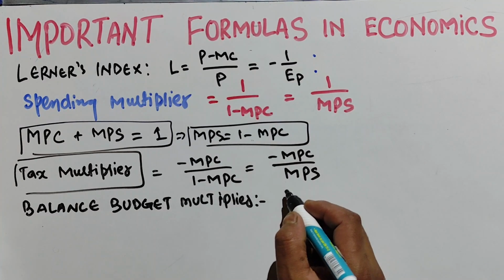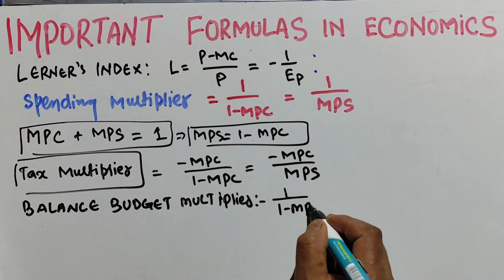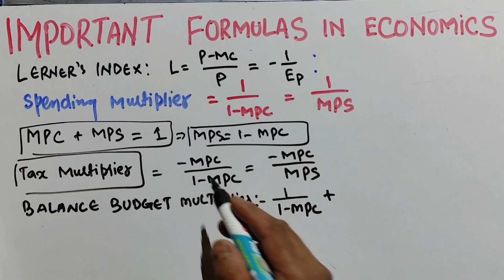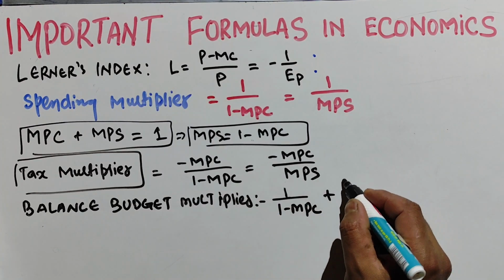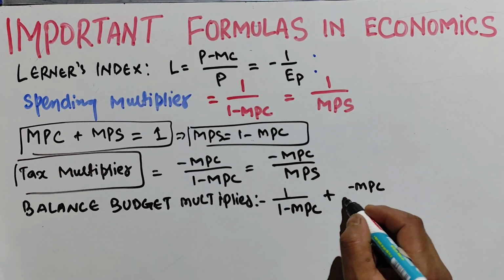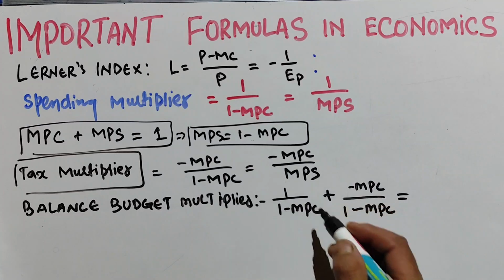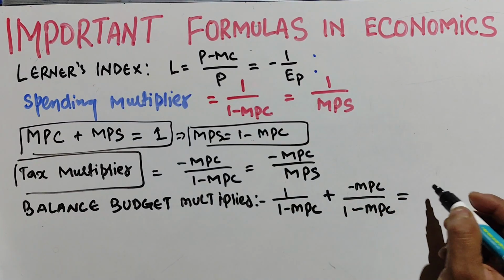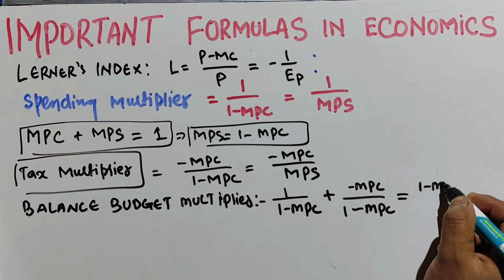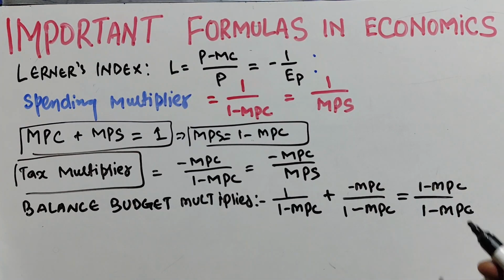That is equal to the spending multiplier, 1 upon 1 minus MPC, plus the tax multiplier, which is minus MPC divided by 1 minus MPC. Because the denominator is the same, we can add up the numerators. So we get 1 minus MPC upon 1 minus MPC, which is equal to 1.